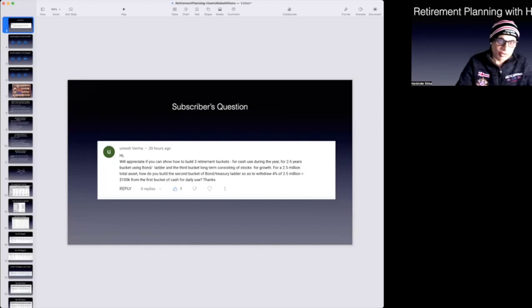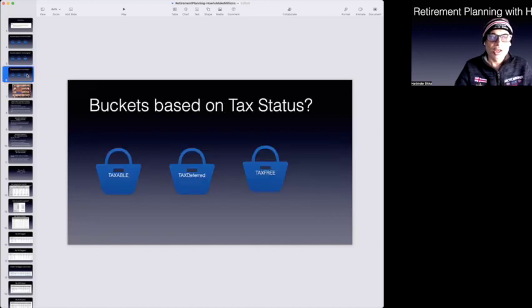As you see in my multiple bucket strategy, I have explained the buckets based on tax status. That means a taxable bucket, a tax-deferred bucket, and a tax-free bucket.